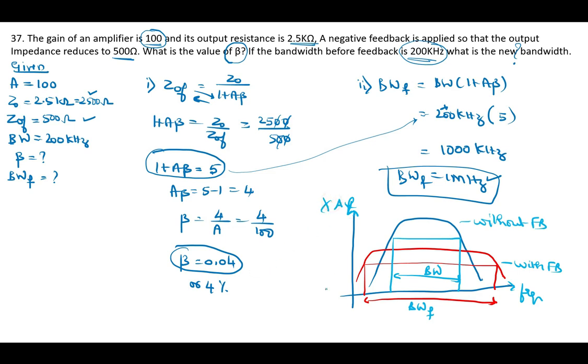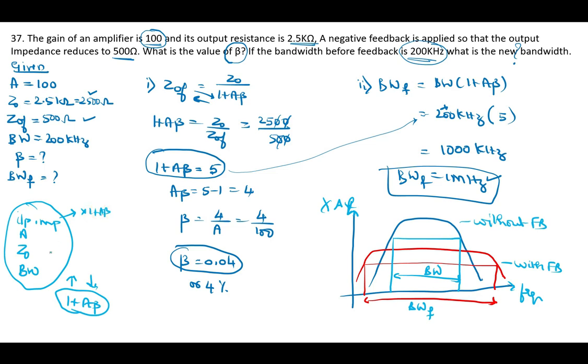This is not required. This is for the understanding I gave. So those who forget the formula, you can just think any parameter, that is input impedance, voltage gain, output impedance, bandwidth, any of these things either will increase or decrease by the parameter 1 plus A beta. So input impedance increases because it is voltage series, so it will be multiplied by 1 plus A beta.